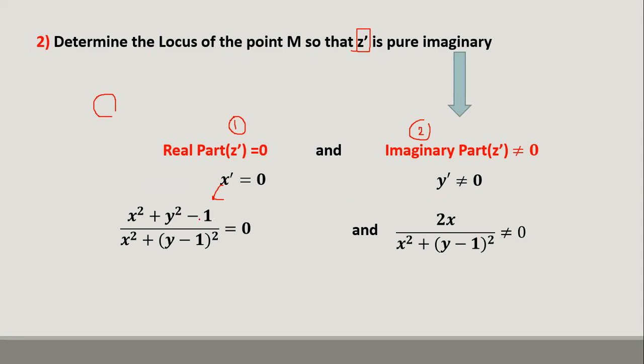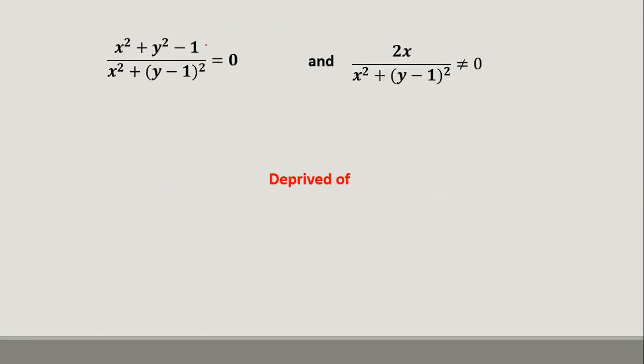So the first condition says this quantity equals 0, but there is a condition that must be satisfied: this quantity must be different from 0 in order to determine the locus of the points M. So let's begin now in order to find the locus of the points M. Making cross multiplication, we get that x squared plus y squared minus 1 equal to 0. Also making cross multiplication here.